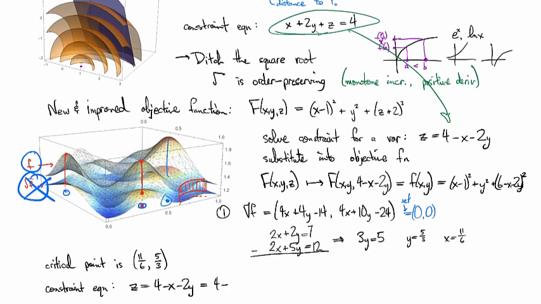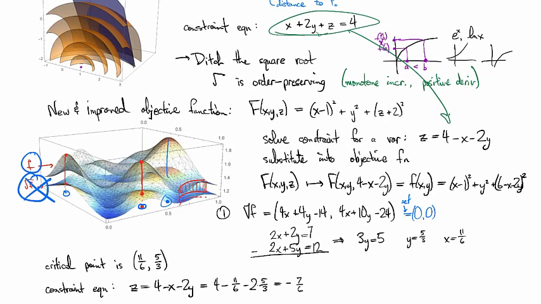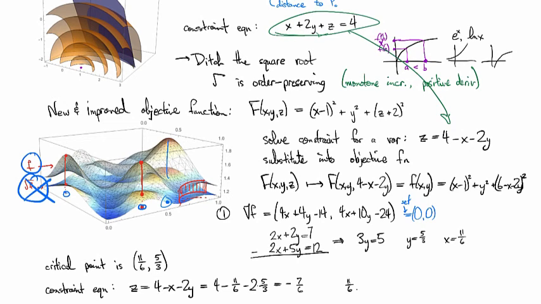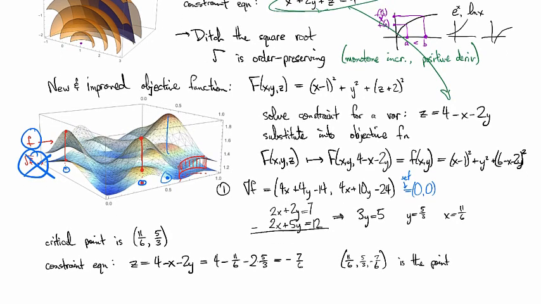So this is 4 minus 11/6 minus 2 times 5/3, and we get minus 7/6. So that point that's on the plane closest to P naught is this one. And like I said, we don't actually need that for this problem. I'm just writing it down because for some of the problems in the homework, you will need it.